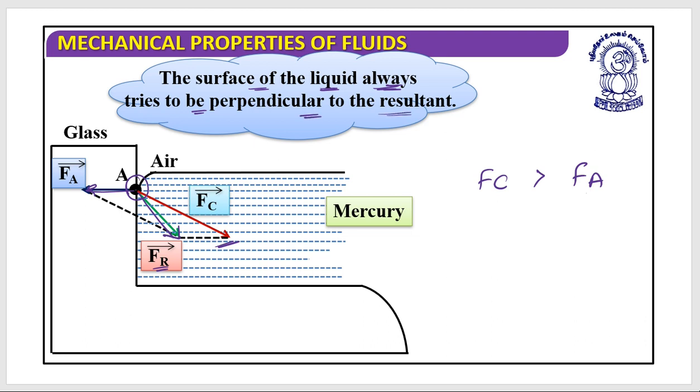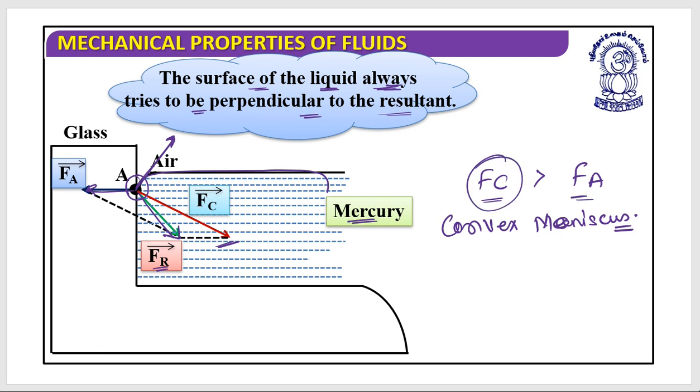So it needs to move in this direction and will create this kind of surface. This is what we call a convex meniscus. It happens with glass and mercury, in which the cohesive force is greater than the adhesive force.